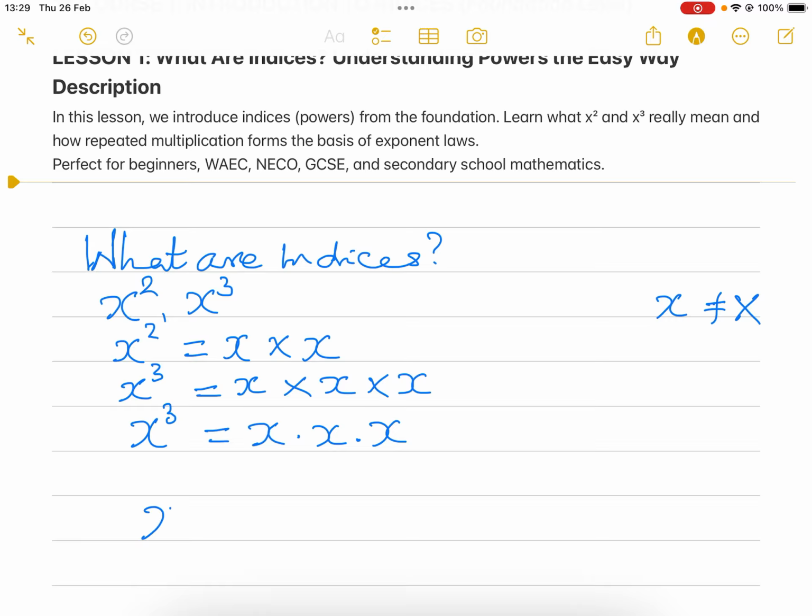The small number at the top is called the index or the power.